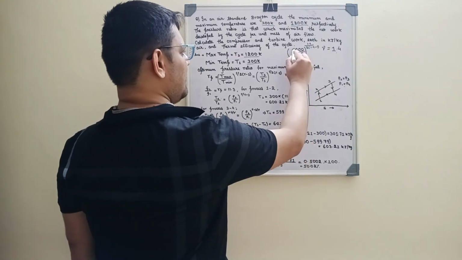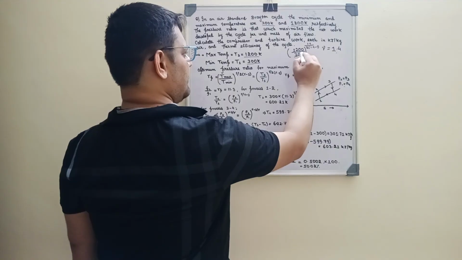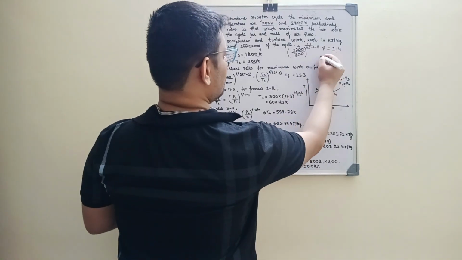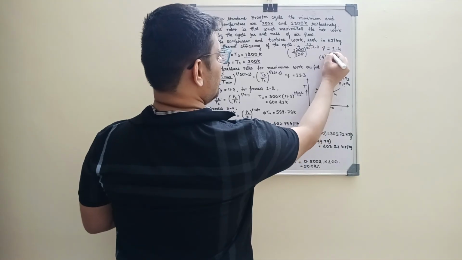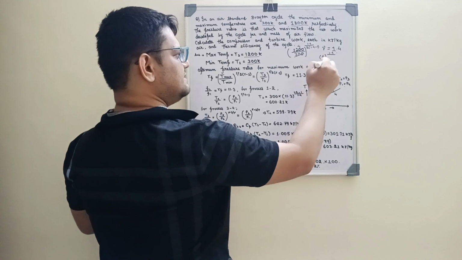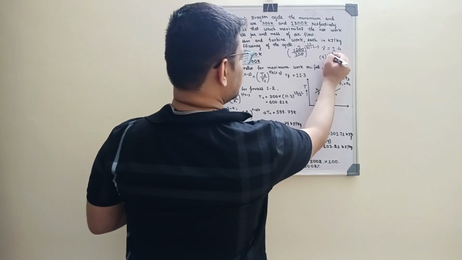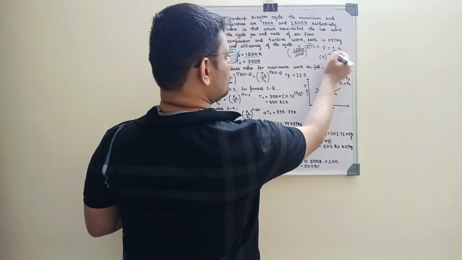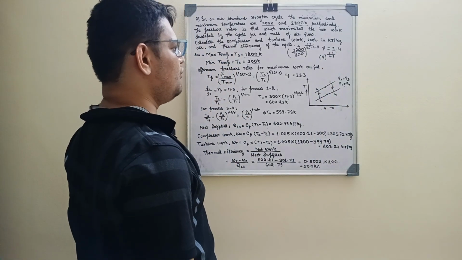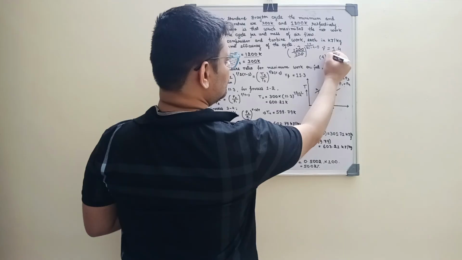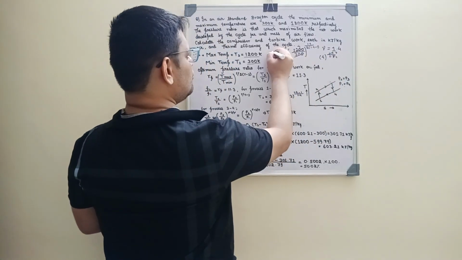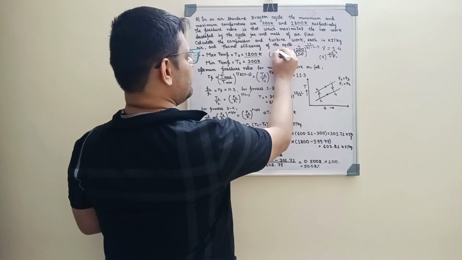Calculating this, 1200 by 300 is 4, so it is 4 to the power 1.4 divided by 2 into 0.4, that is 0.8. Dividing, this gives the power 7 by 4, so it is 4 to the power 7 by 4.